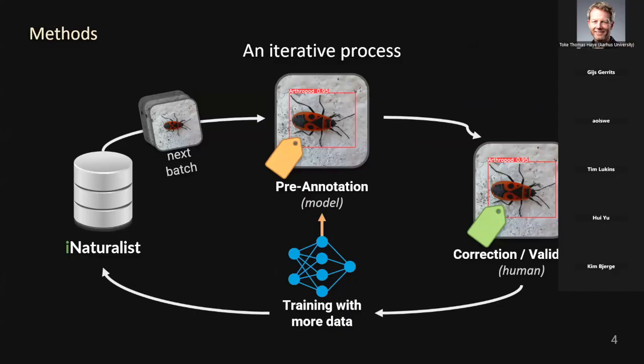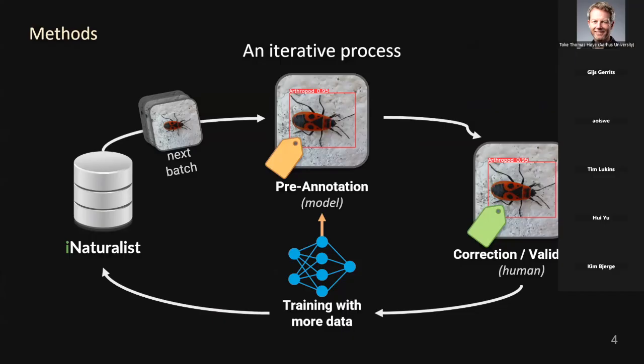As we did not have many resources, we settled for only terrestrial arthropods, meaning insects and other groups such as spiders, for instance, located only in France, because that would already be enough data to annotate. Each time we scrape a new batch, we pre-annotate it with a deep learning model, which was YOLO 11, I think.